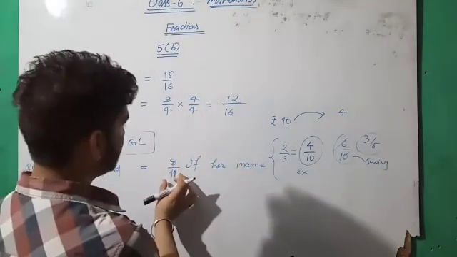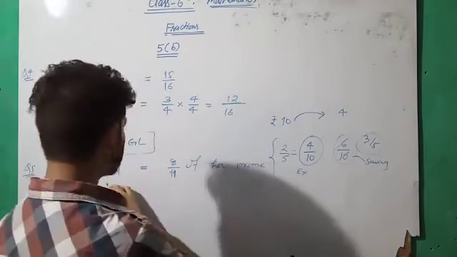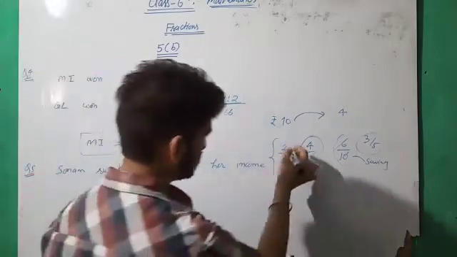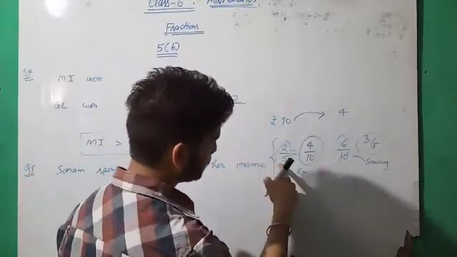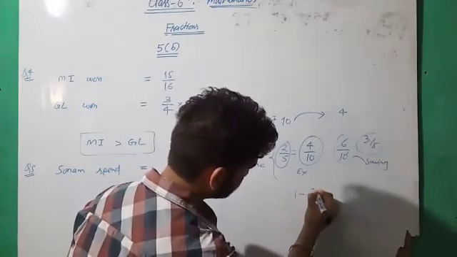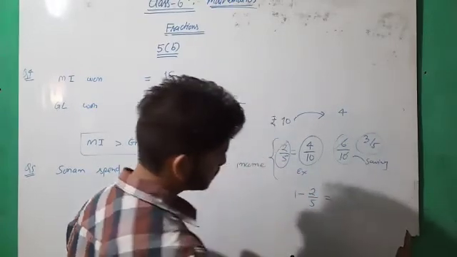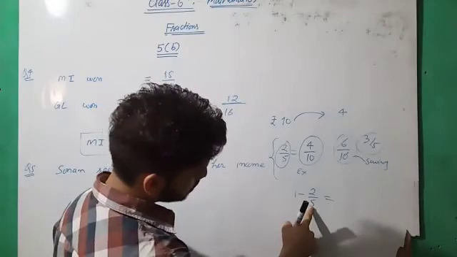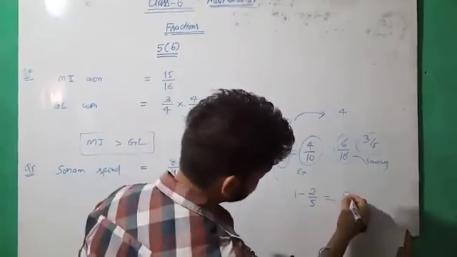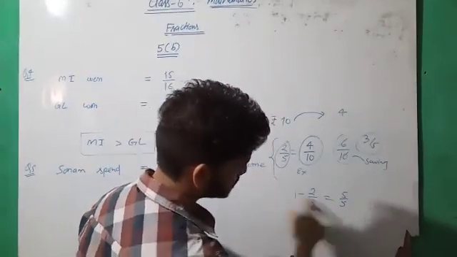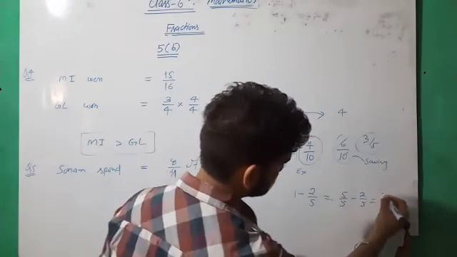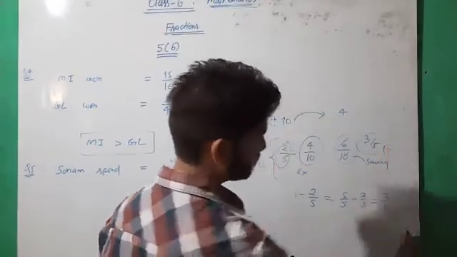So here we have 8 by 11 of her income spent by Sonam. So like if 2 by 5 is spent, we can say that 1 minus 2 by 5 is the saving. Okay, 1 is 5 by 5, minus 2 by 5, so 3 by 5 is saving. This is 3 by 5.